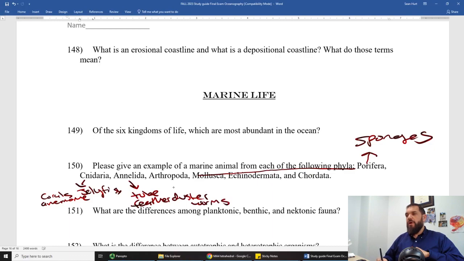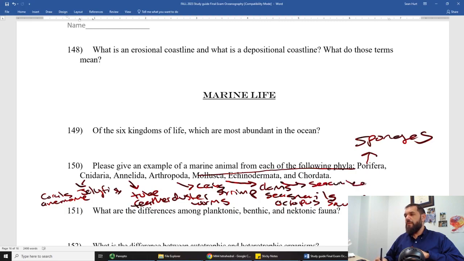Okay. Arthropoda, any crustacean, crabs, shrimp, so many other things I could mention here. Mollusca, those are things like clams, sea snails of any kind, but also octopus and squid as well. Echinodermata, those are things like sea cucumbers, sea lilies, sea stars, and finally Chordata, chordates.